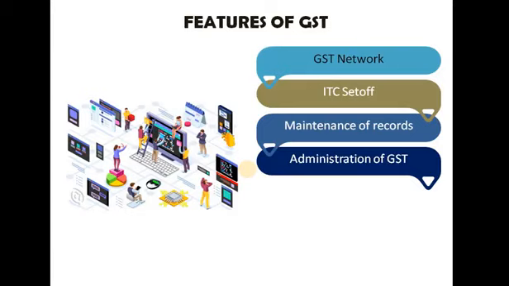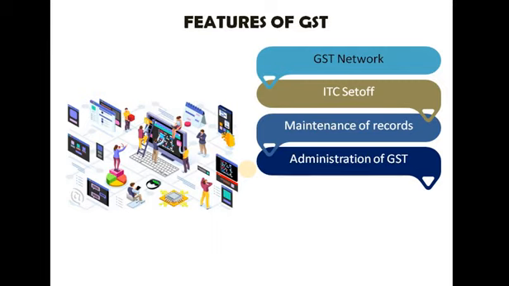And the next feature is administration of GST. The administration of GST will be the responsibility of the GST Council. The council will be fixing the various policies and guidelines that each and every individual has to follow. The members of the GST Council comprise both central as well as state representatives.